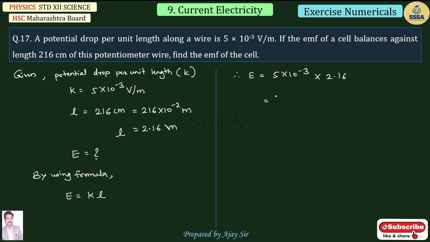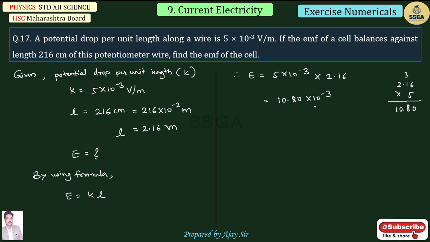So after multiplication of these two numbers, let us cross multiply 2.16 into 5. 6 5s are 30, carry 3. Then 5 into 1 is 5, plus 3 is 8. Now 5 into 2 is 10. So 10.80 into 10 raised to minus 3.